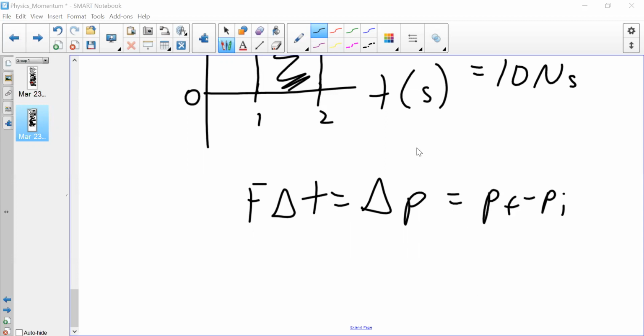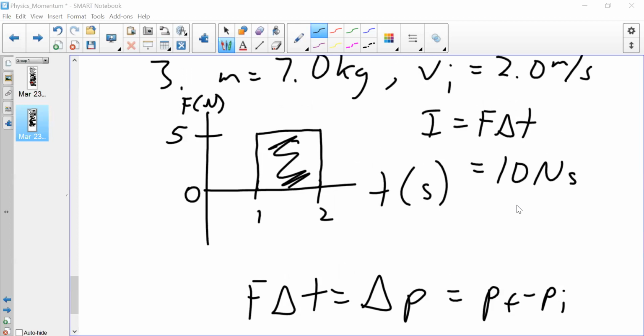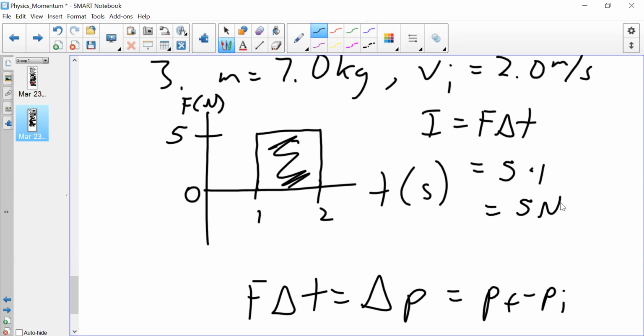Isn't the time 1? Oops, my bad. 1 second. I was looking at 2 and multiplying by 2. It's a 1 second interval. Yes, thanks for that. Good catch. So this is going to be 5 Newton seconds, a span of 1, so 5 times 1, 5 Newton seconds.